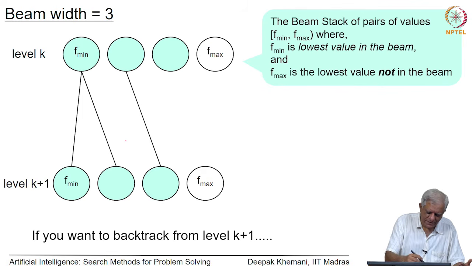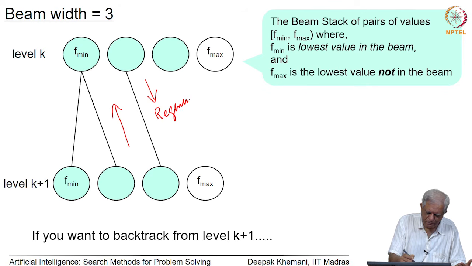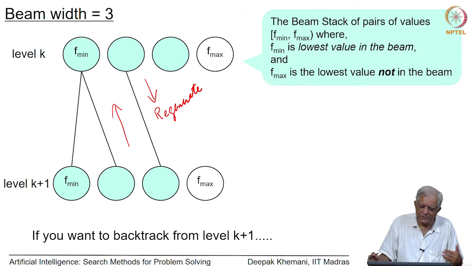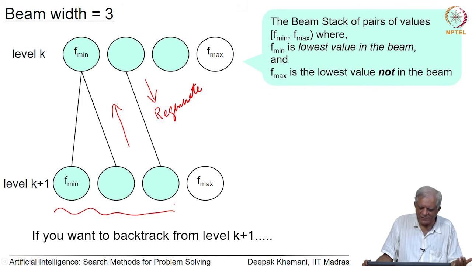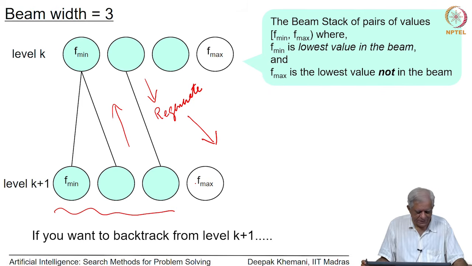So, you backtrack up and then regenerate, and from these regenerated nodes you know which ones to select next and which ones to ignore. So, these 3 nodes that we have here will also be regenerated, but we have already visited them and we are in fact backtracking from them. So, we will not use them, and in fact, the regenerated nodes will be starting with f max essentially.